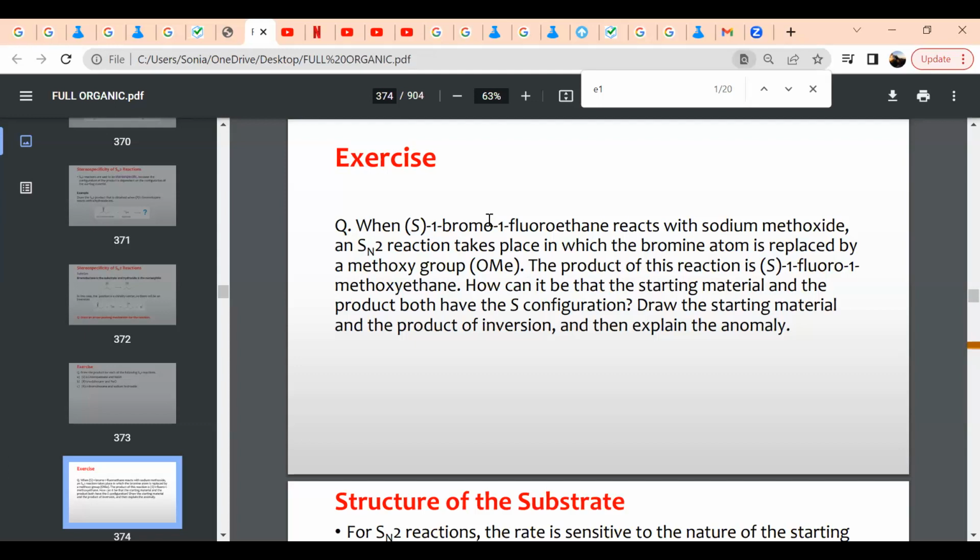That's the only thing I could figure out as to why the reactant and the product are S. But I felt like maybe that's not sufficient to understand why this reactant and product have retained configuration. If you search and find any other reason, you can just tell us so that we understand why this specific one is an exception to the rule of inversion.